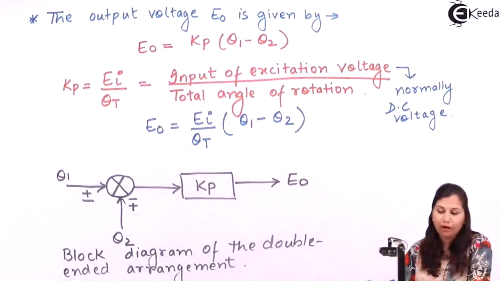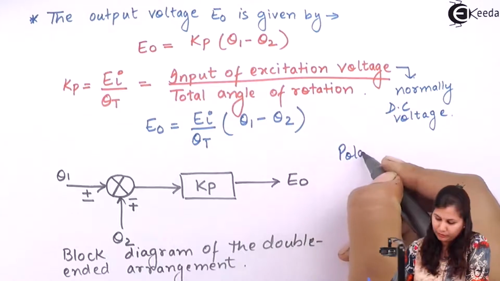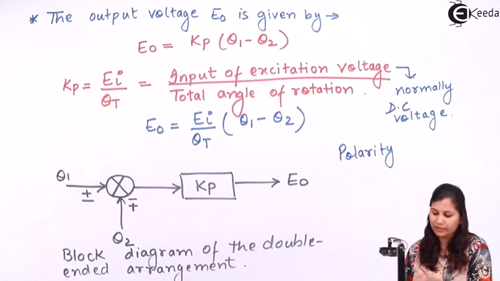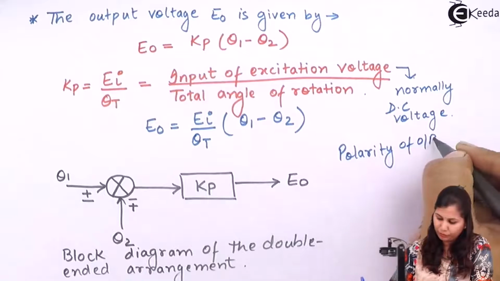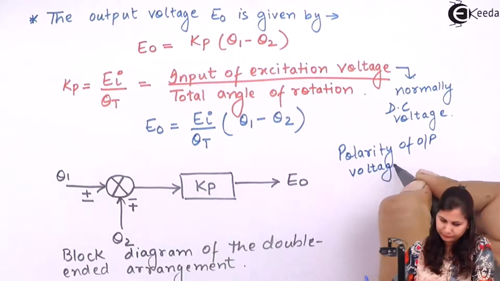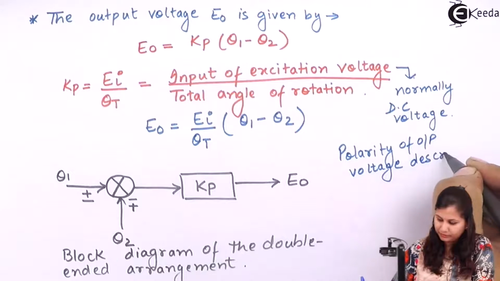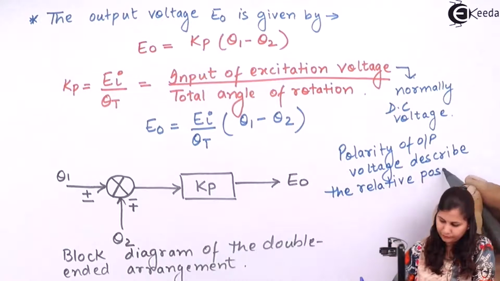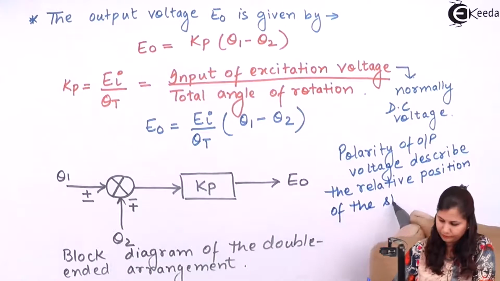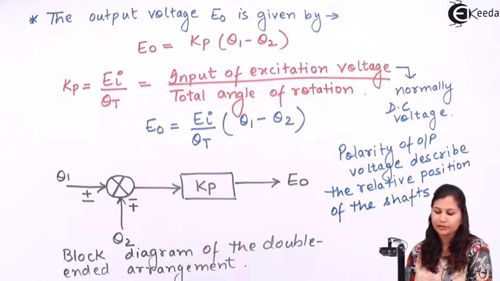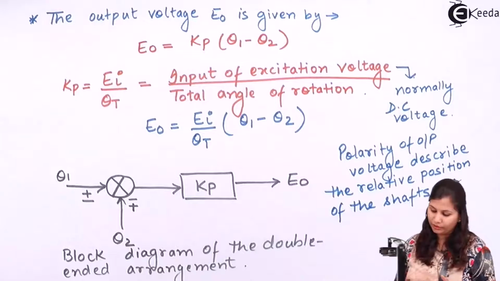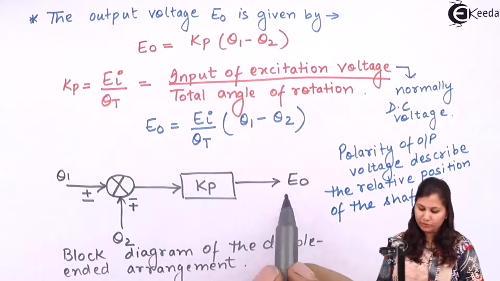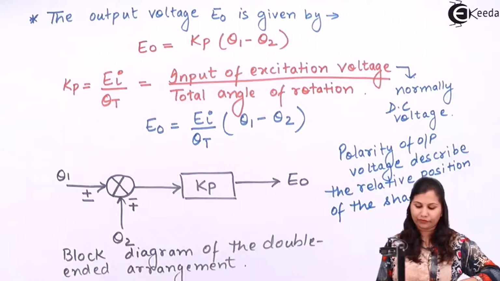And whatever the polarity of the output voltage, whether it is plus minus or minus plus, it will describe the relative position of the shafts, that is, in what positions these shafts are located.